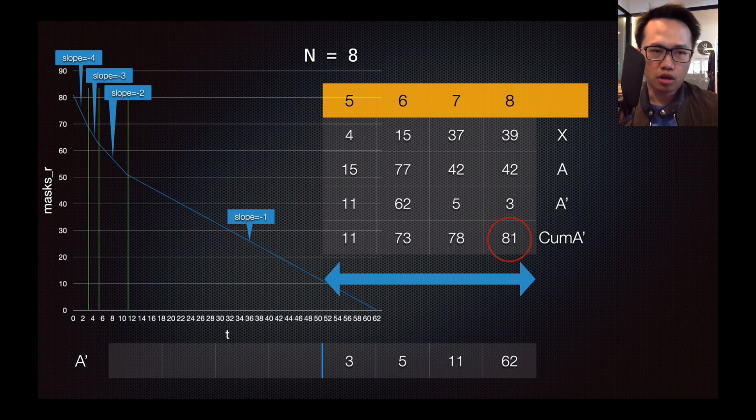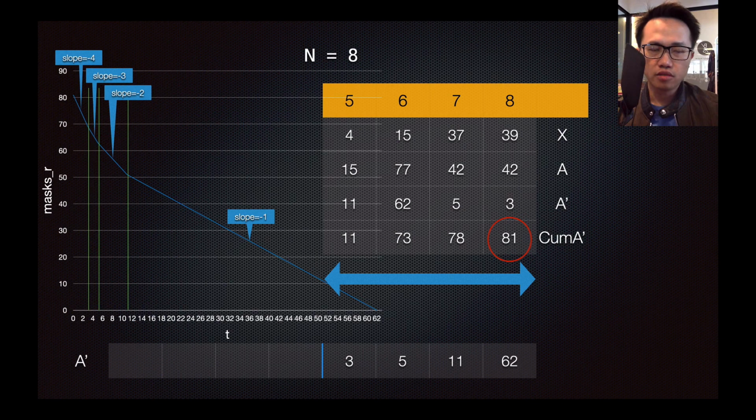So if you plot the chart of masks R as time goes by, here's what it looks like. It started with a slope of -4 until t equals 3, and then the slope would become -3, and after t equals 5, the slope would become -2, and after t equals 11, the slope would now be -1.